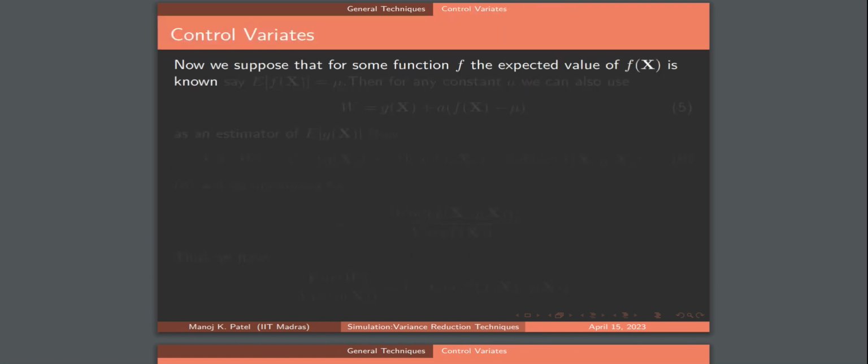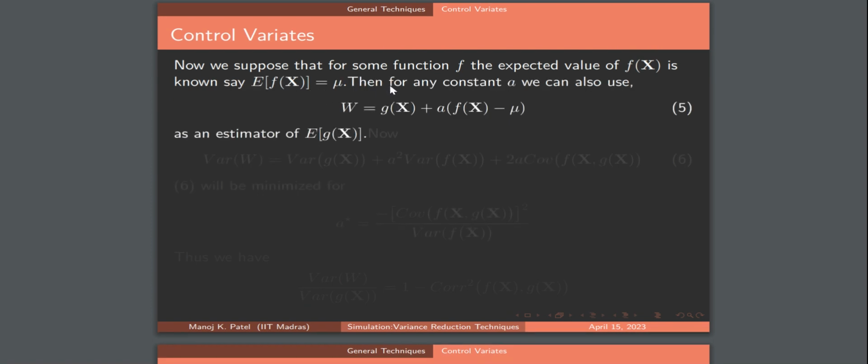Now I'll look into control variates. Suppose that for some function f the expected value of f(X) is known, say E[f(X)] = μ. Then for any constant a we can use W = g(X) + a(f(X) - μ). Essentially we are trying to estimate the expectation of g(X) for a given random vector X having a joint distribution.